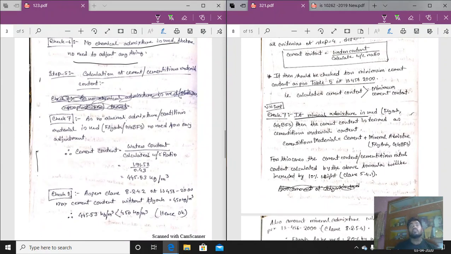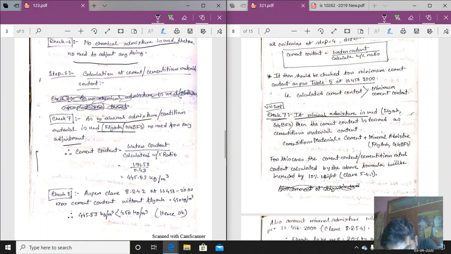There is no mineral admixture used here, that means no GGBFS, no granulated blast furnace slag and no fly ash has been used in this concrete. So no check 7, no adjustment has to be done.